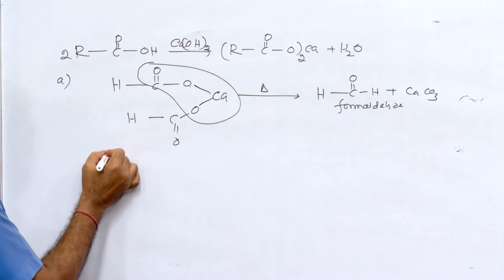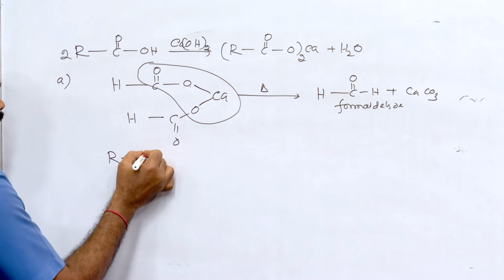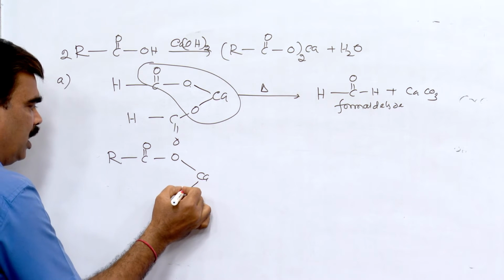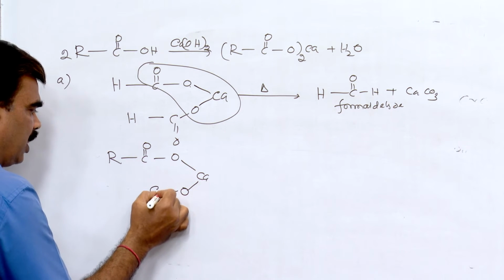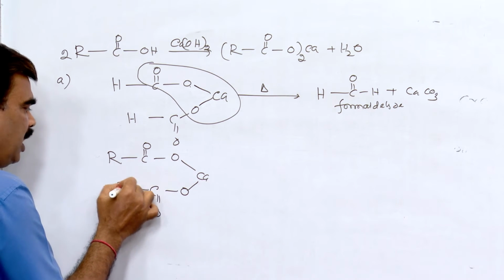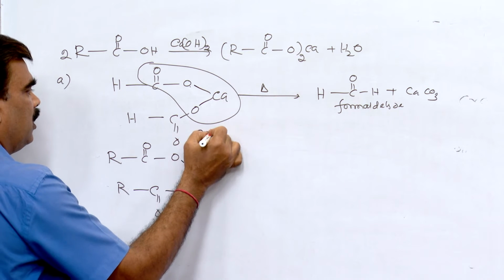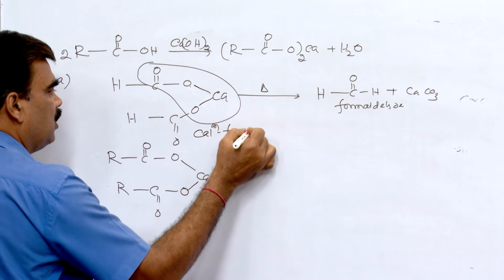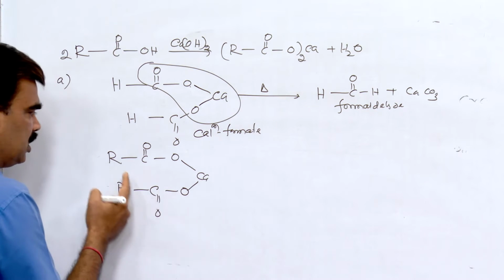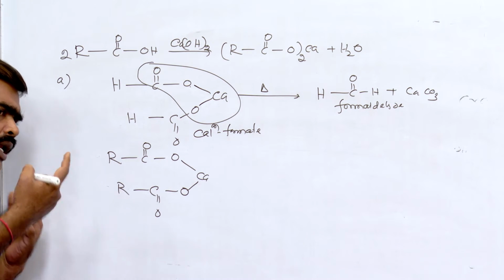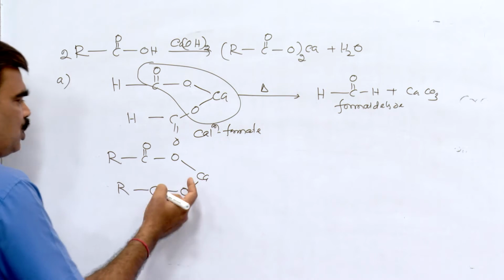If you take the calcium salt of any other carboxylic acid other than formic acid, this is calcium carboxylate. You can have calcium acetate, calcium propionate, any kind of calcium salt.